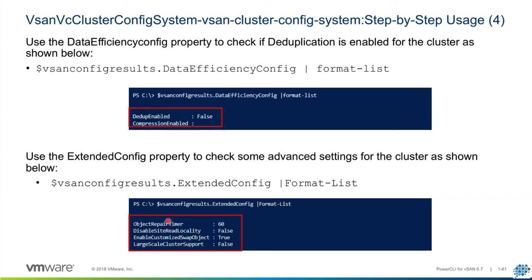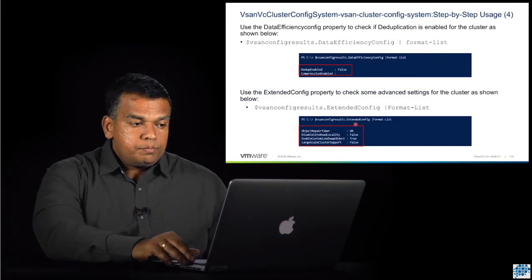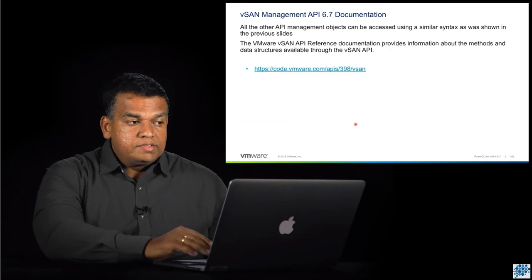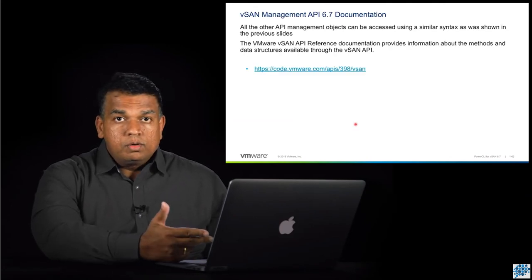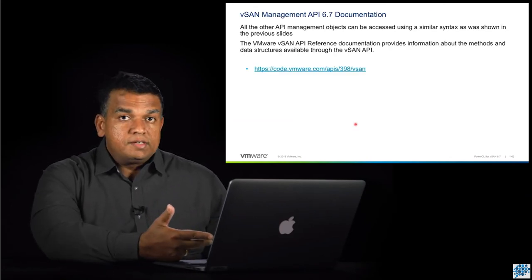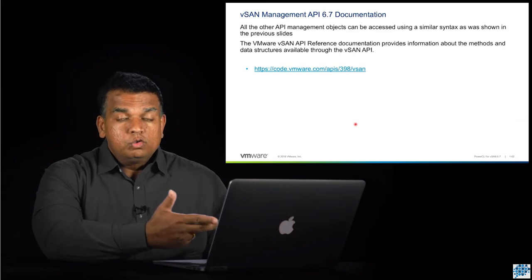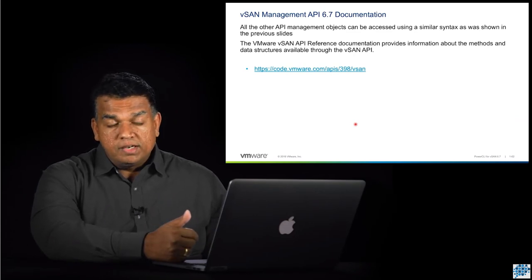If I look at the results, you see it was showing me various advanced properties like object repair timer or disable site read locality. These are the extended properties, or the advanced settings, of the cluster. So as you can see, once you are familiar with the syntax, it is relatively easy to pull out all the cluster information using the API itself, using this particular PowerCLI cmdlet.